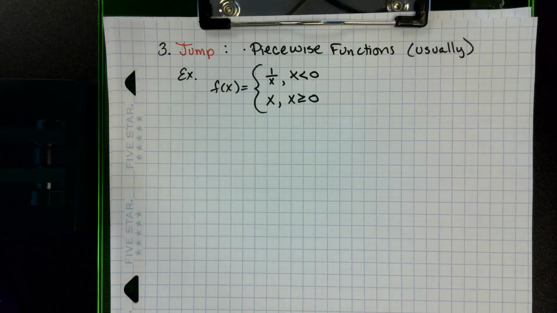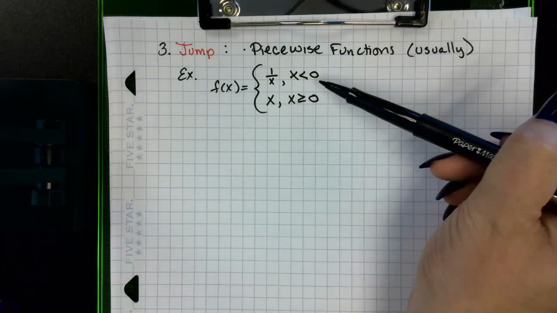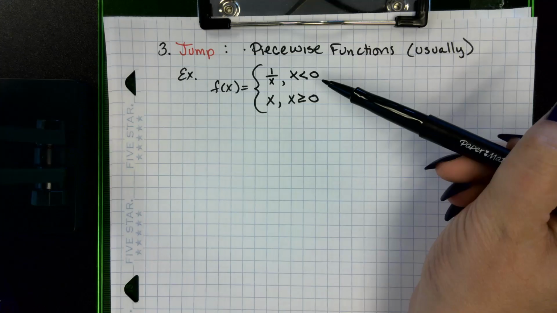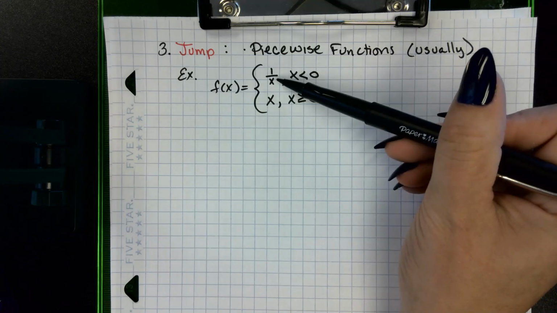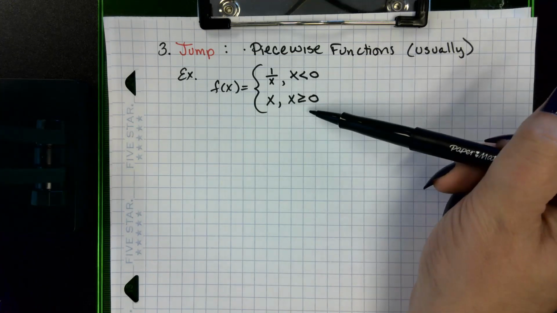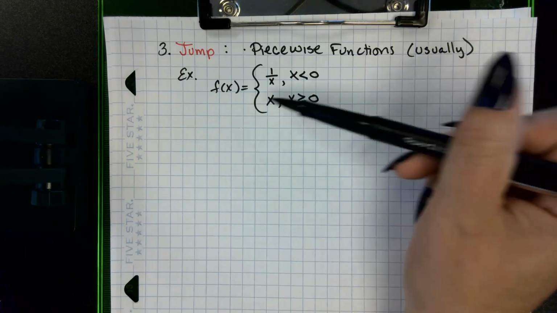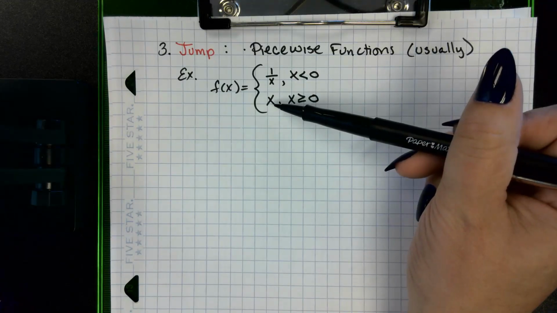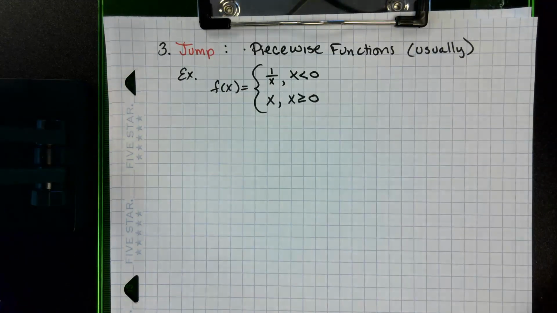That's a piecewise function. It's broken up by the domain restrictions. When x is less than 0, all the negative values, we follow 1 over x. When x is 0 or greater, we follow the function f of x equals x. So it's broken into pieces based on its domain.